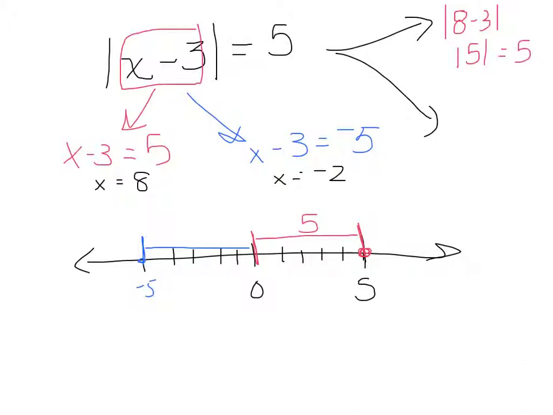If I think about it as -2, I have -2 minus 3, which would give me the absolute value of -5, which also equals +5. So in both these cases, I'm thinking about inside the absolute value symbols, will that value equal +5 or -5? So this will always pretty much happen.